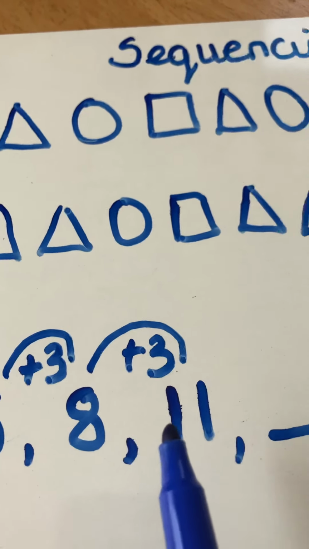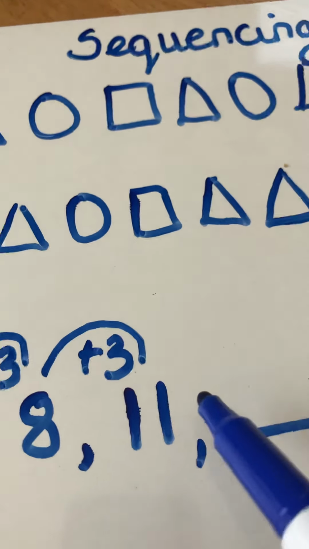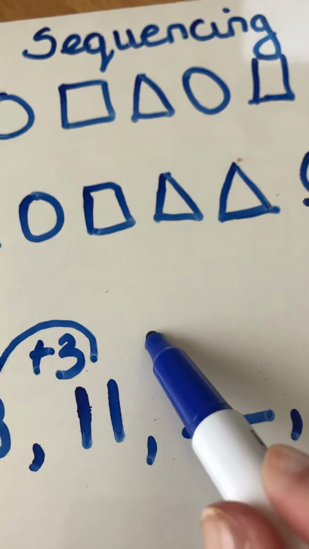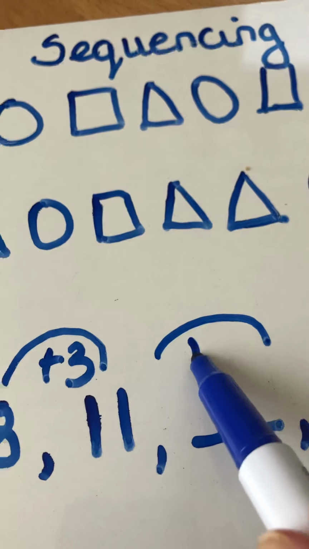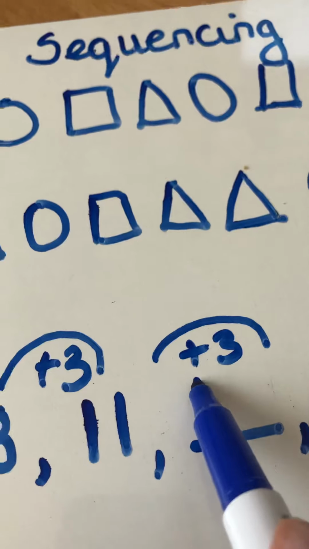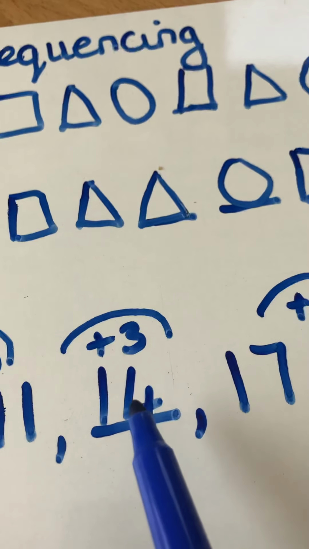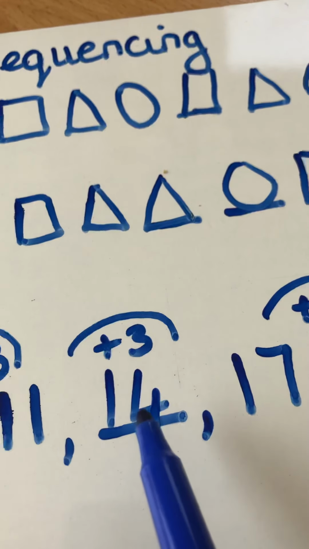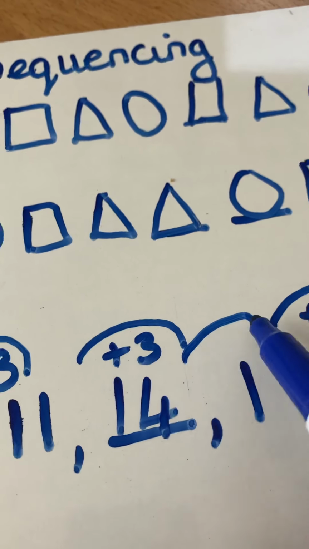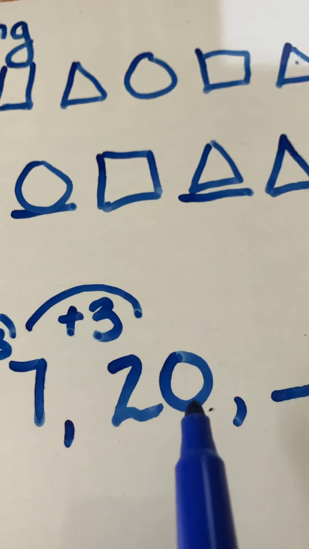5, 8, 11. What's the missing number? Well, we need to add 3, don't we? So 11 add 3 is, that's right, 14. Does that work? What's 14 add 3? That's right, 17. And we could carry it on.